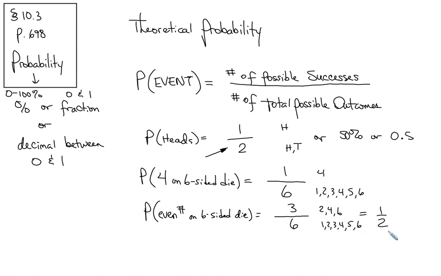That reduces down to 1 over 2. We're back to 50%. What if we wanted to throw a 6-sided die and we wanted to get the probability of a number less than 3? Now how many successes are there? 2. 1 and 2, right? How many outcomes? 6. 1 through 6. And so that would reduce down to 1 over 3.